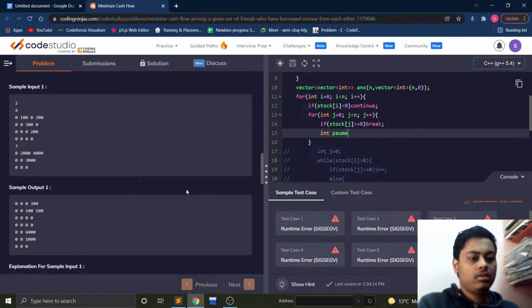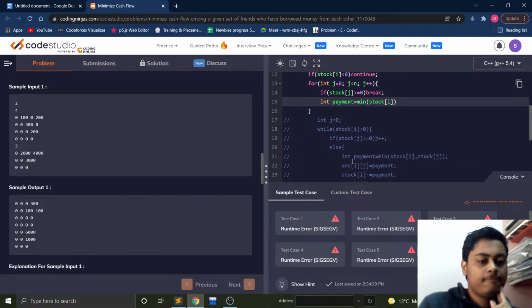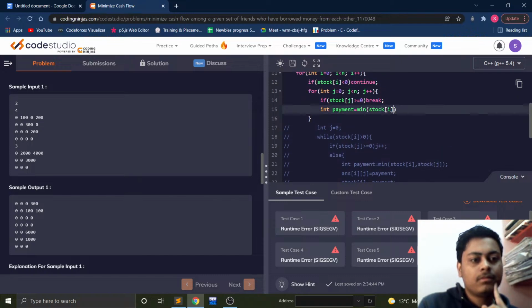Now stock I is positive, stock j is negative, so again the same thing. Payment is equal to minimum of stock. Oh, it was the thing of negative. I think I missed negative here. However, let's try to do it this way. Stock j is negative, right? Minus stock j.